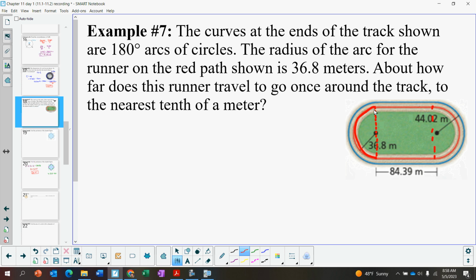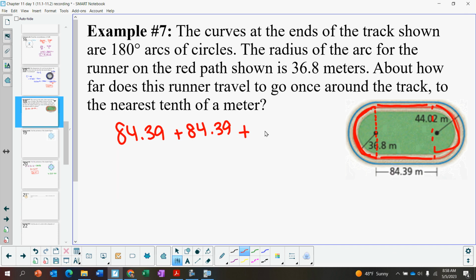So I'm going to find the distance here, the distance here, the distance here, and the distance here. The first two are straight lines, right? That's 84.39 plus another 84.39. The other two parts are each half of a circle, which means together they form one single circle.